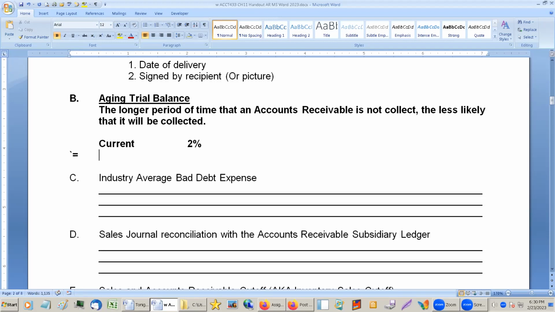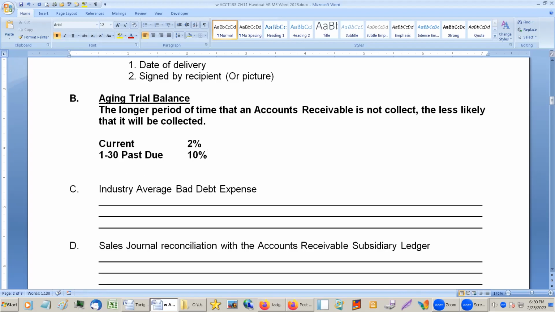If it is 1 to 30 days past due, then there's a 10% chance. If it's 31 to 90, you get the idea. Maybe there's a 40% chance that it's not going to get paid. As time goes on, it becomes less and less likely it's going to be paid.